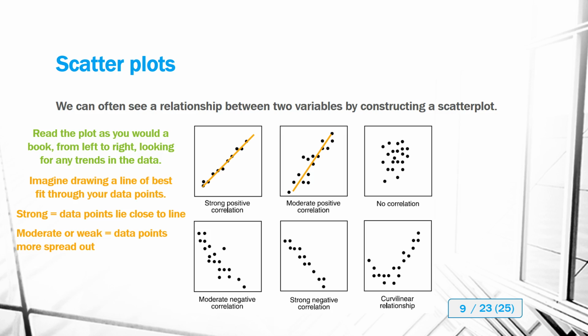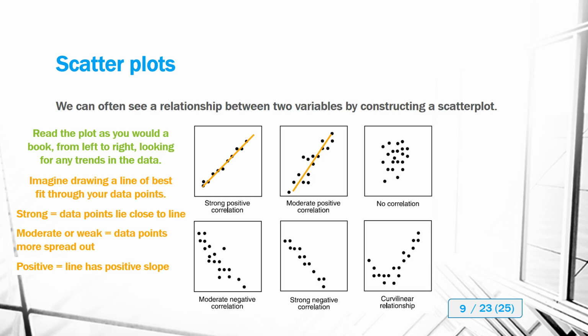Moderate or weak correlation is represented. We still have that same trending, from left to right, we still have a continual increase, but we're looking at data points that aren't so close to the line. So there's more of a spread with the data from that line of best fit. Now we say that in each of those 2 cases that you're looking at there at the top, where we've drawn a line of best fit, the line has positive slope.